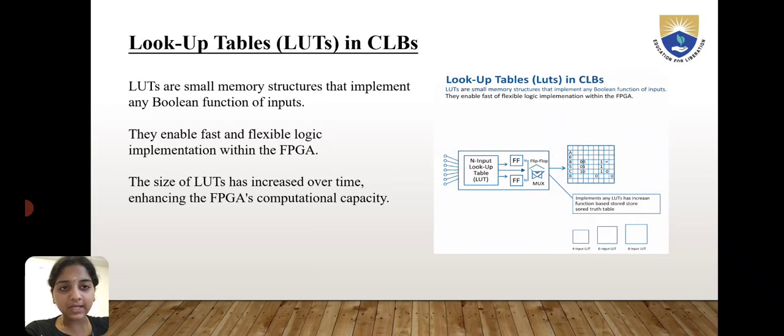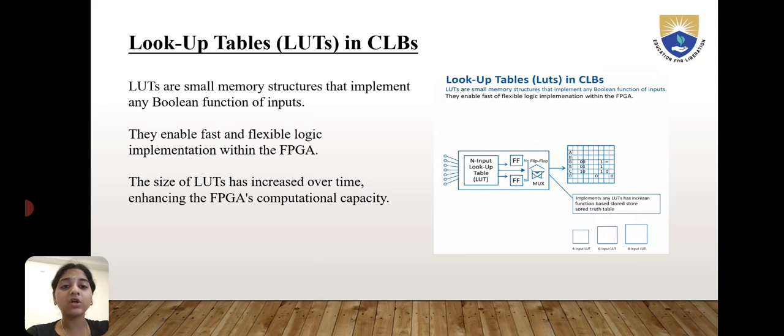Lookup tables in CLBs. Lookup tables are very small memory structures that implement any Boolean function of inputs. They enable fast and flexible logic implementation within the FPGA. The size of LUTs has increased over time, enhancing the FPGA's computational capacity.